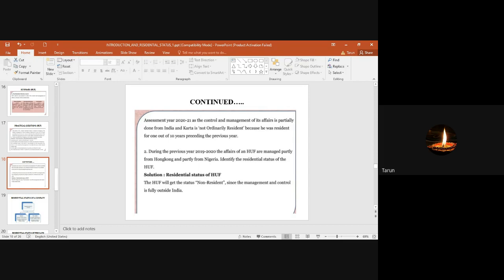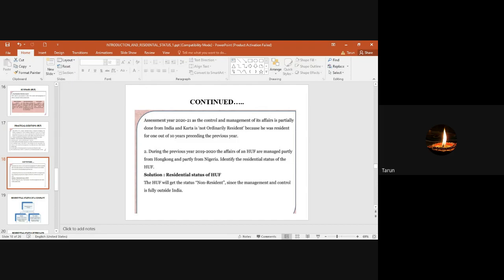Why? Because the control and management of its business affairs is managed and controlled in two different countries, one from Hong Kong and the second from Nigeria. So it is very easy to understand the basic rules of the HUF, that is, partially or wholly situated in India is the control and management of the business of the Hindu undivided family.